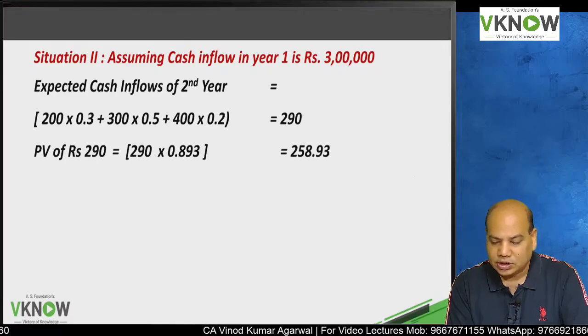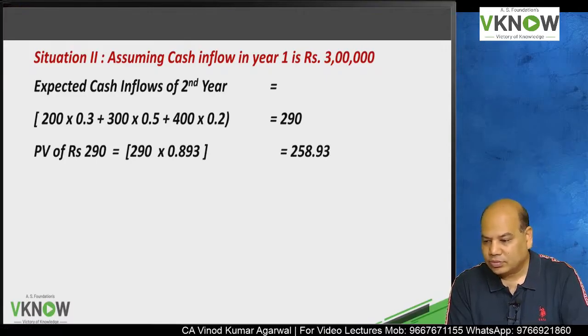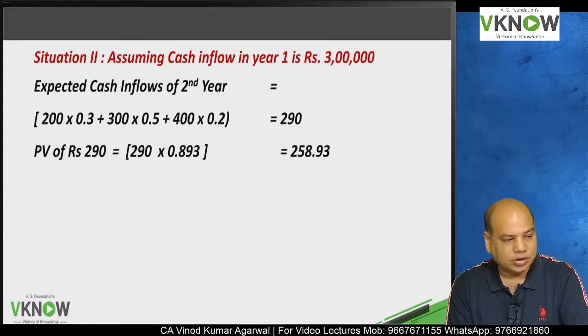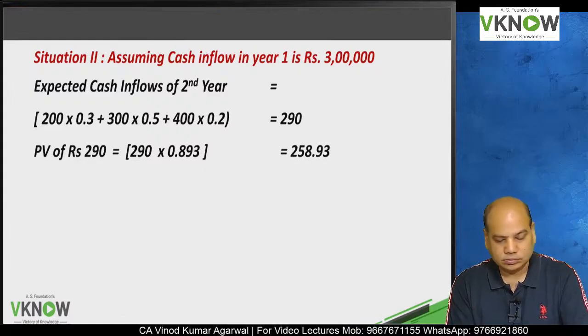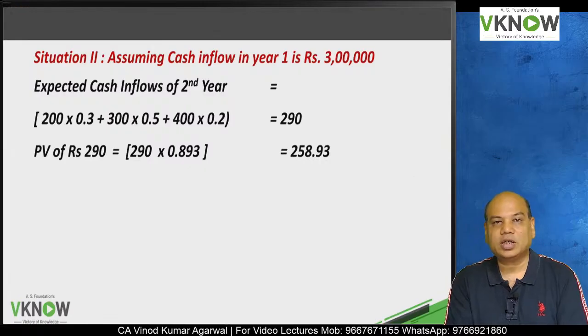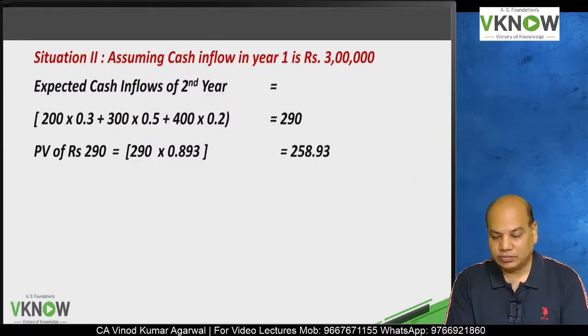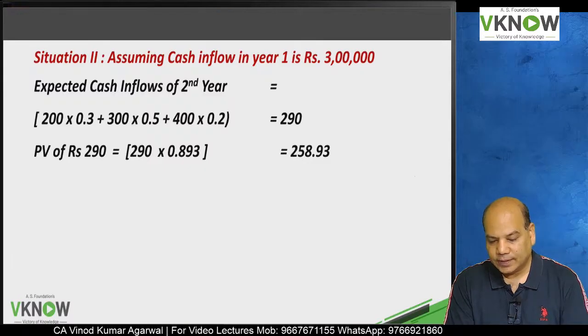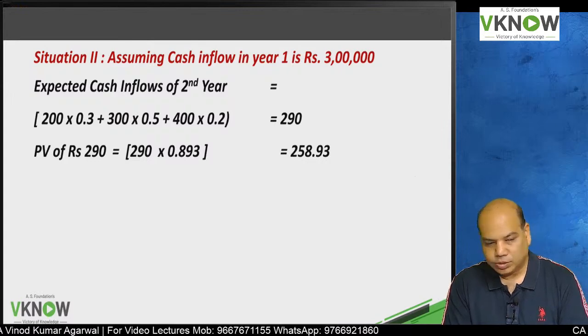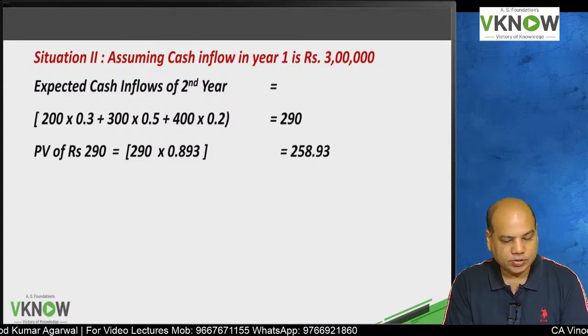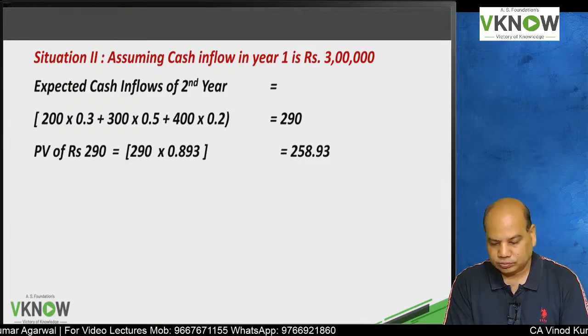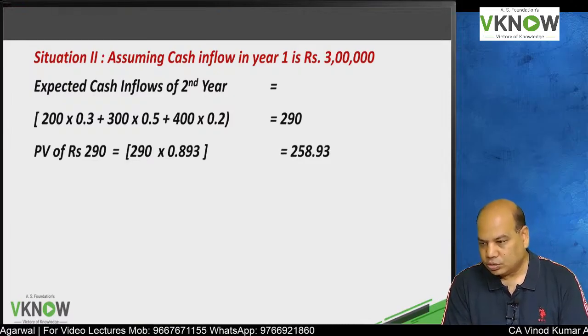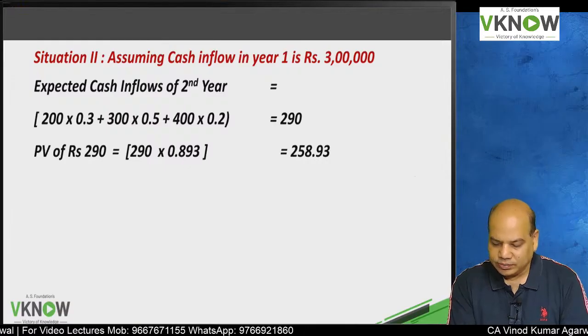Therefore, expected cash inflow of the second year is equal to 200 into 0.3 plus 300 into 0.5 plus 400 into 0.2 is equal to 290. Just check 290.